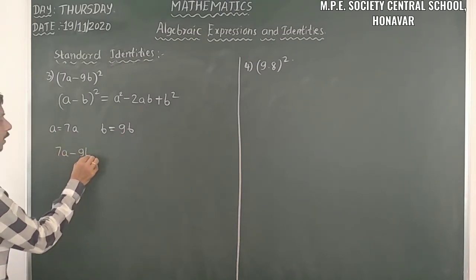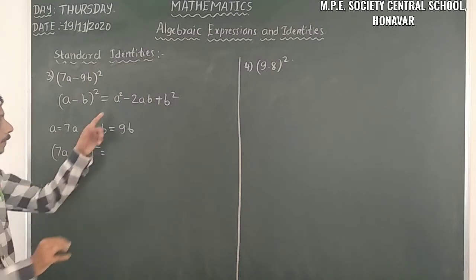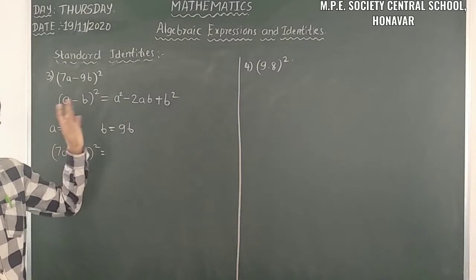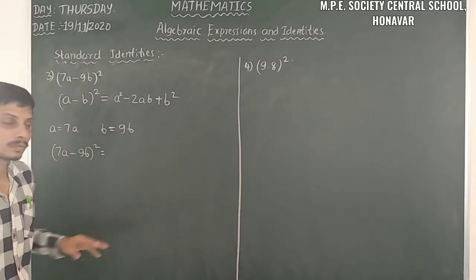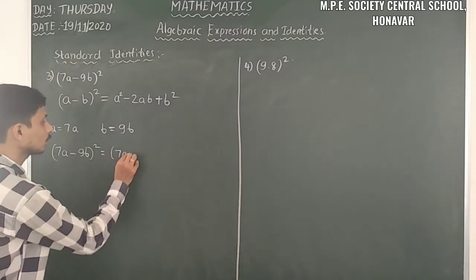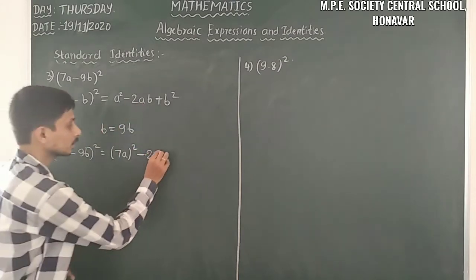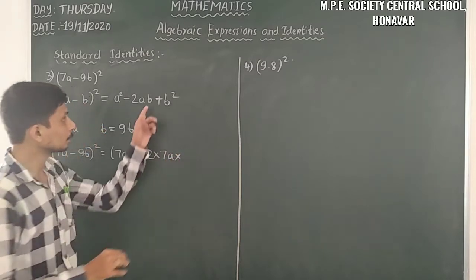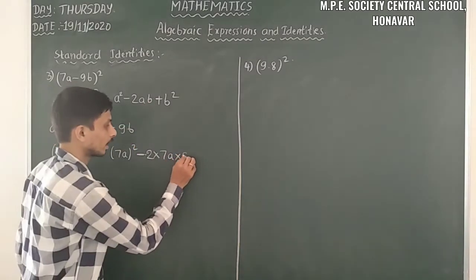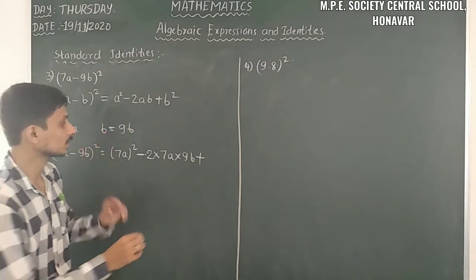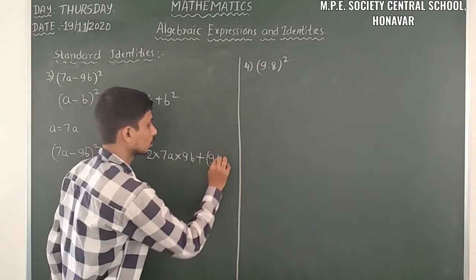7a minus 9b whole square is equal to, in place of a we insert 7a completely, because it is a square, so we take the bracket sign: 7a whole square minus 2 into 7a into 9b plus 9b whole square.